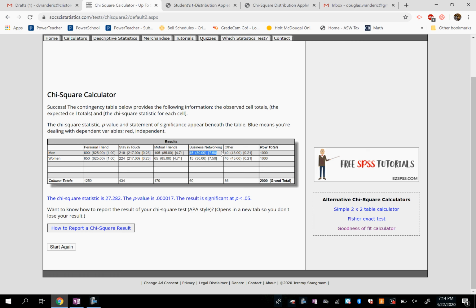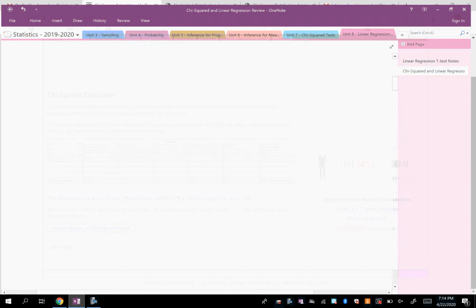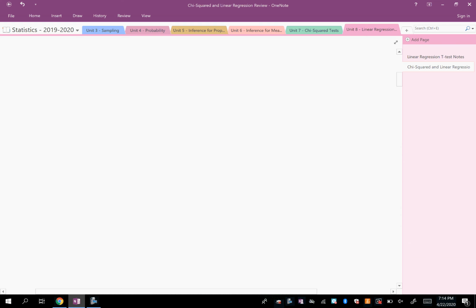And finally, in the brackets is the actual number I want, the chi-squared statistic for that individual cell. If we're doing this for a test, we would look at the entire chi-squared statistic, which takes all of them from each cell and adds them together. But in this case, it just wants the men who chose business networking. So 7.5 is our answer.